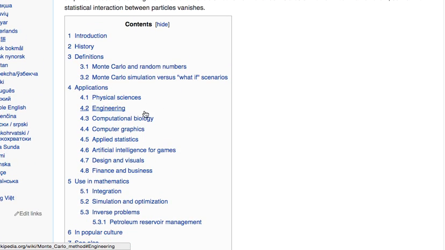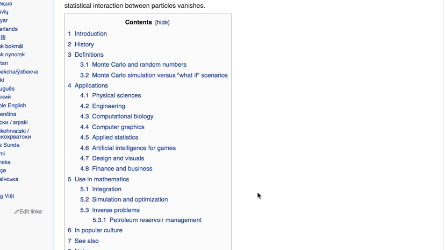Applications in the physical sciences, engineering, comp bio, graphics, statistics, etc. It's heavily used in mathematics and certain kind of integration. If you have a very poorly behaved function, such that the traditional tools of calculus aren't going to be useful for integration, it turns out that Monte Carlo is one technique for still integrating those kinds of functions. Heavily used in simulation and optimization, and so on.